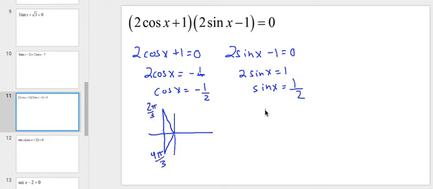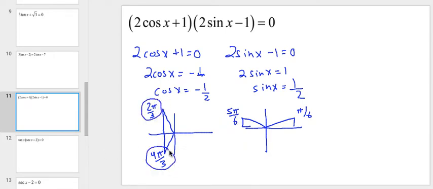For sine x to equal a half, that would mean we need to have kind of shorter triangles at the pi over 6 angles. And the other place where sine is positive would be over here in quadrant 2, which is right around 5 pi over 6. And those would be our four answers within 0 and 2 pi.